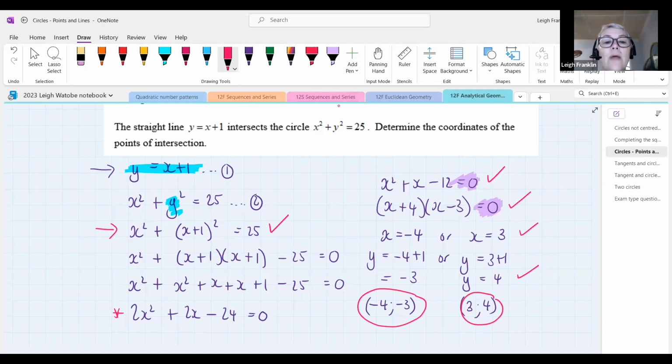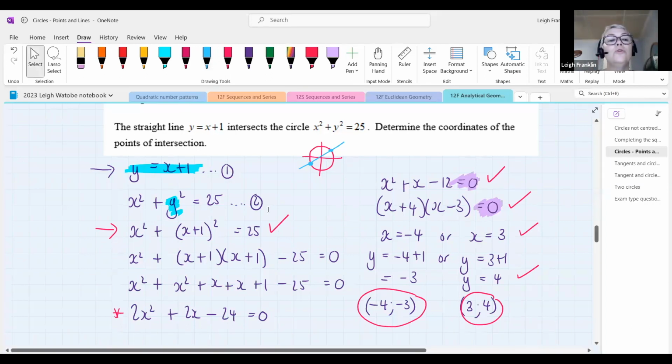So our circle x squared plus y squared equals 25 would obviously be centered at the origin, wouldn't it? And the line y equals x plus 1 would go through it like that. So there would be one point of intersection over here, for which we've calculated the coordinates, and another point of intersection over there.